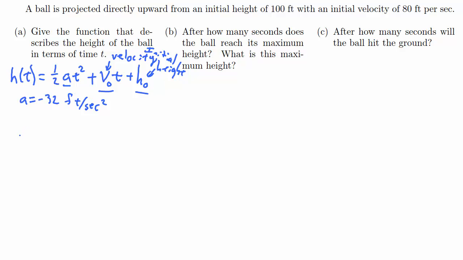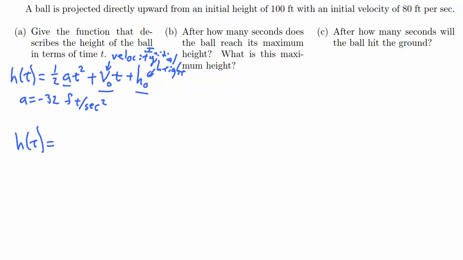So what we're going to do is replace the 100, the initial height, for the h naught, and the velocity 80 for the v naught. So the height as a function of time. Now notice that the acceleration is negative because on the Earth we just consider down to be negative.